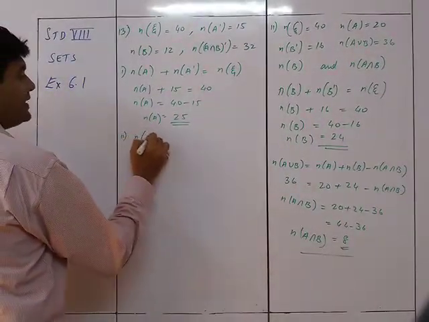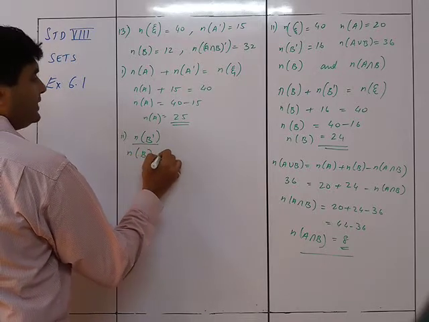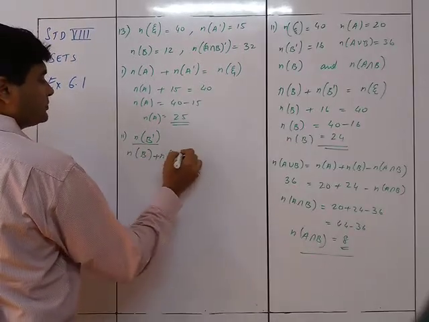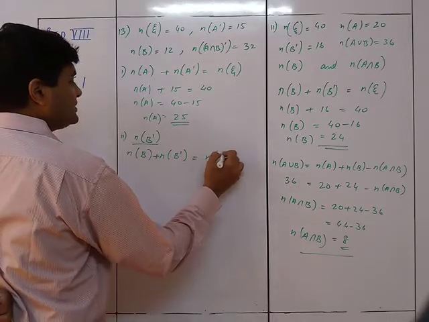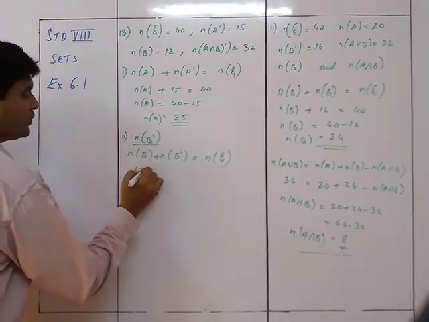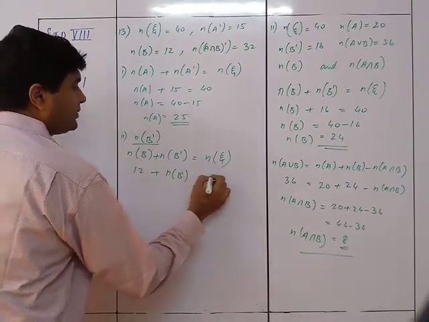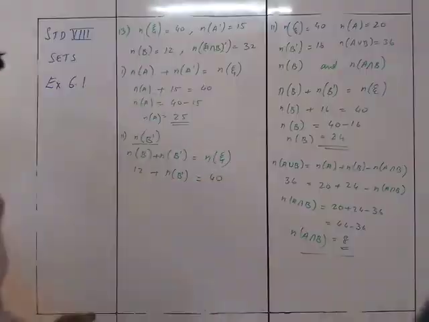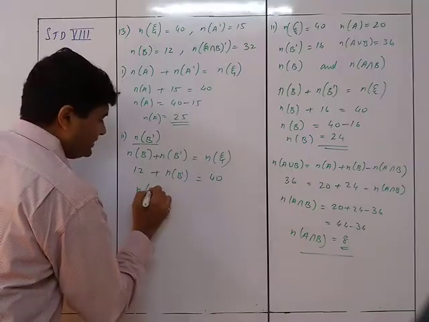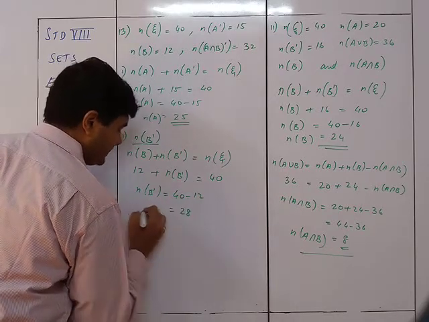For n(B dash), n(B) plus n(B dash) is equal to n of the universal set. n(B) is given as 12, plus n(B dash) is equal to 40. So n(B dash) is equal to 40 minus 12, which is 28.